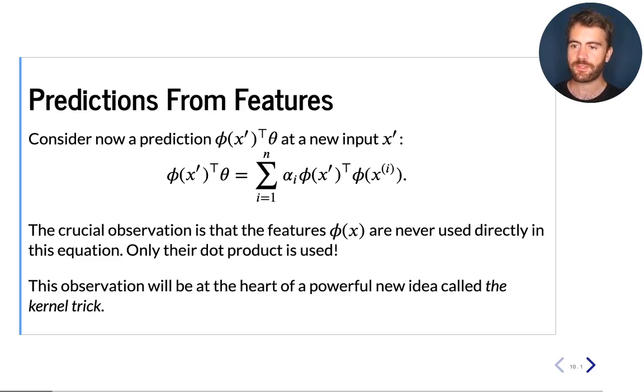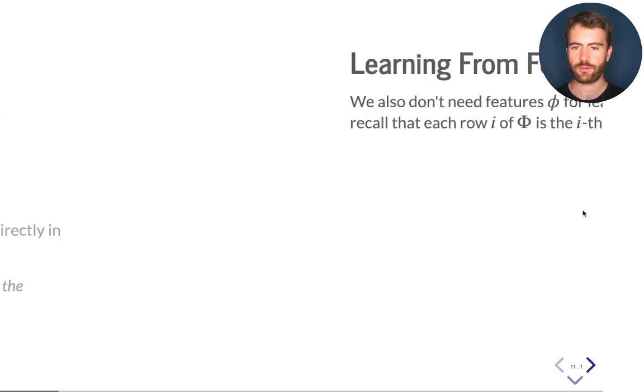And if I can compute the dot product more efficiently than it would take to compute the actual features, then I can significantly accelerate, at least, inference in this kind of model. This idea is something that we're going to refer to shortly as the kernel trick.